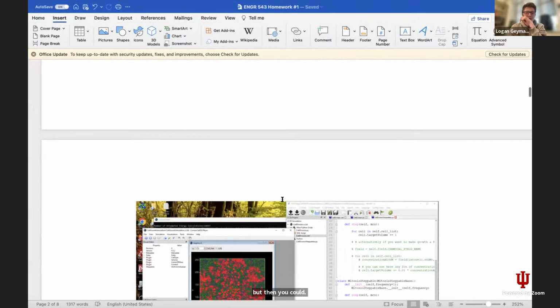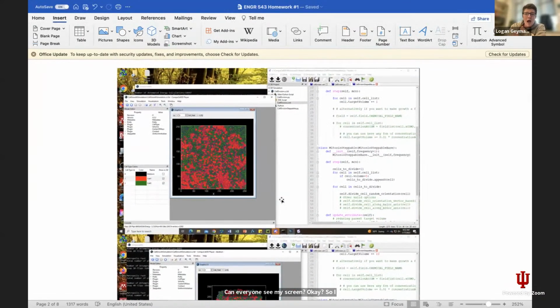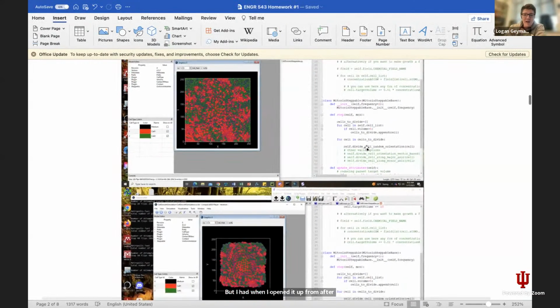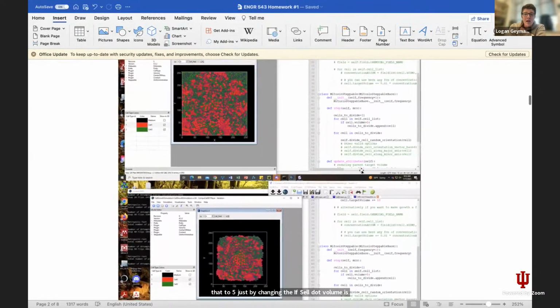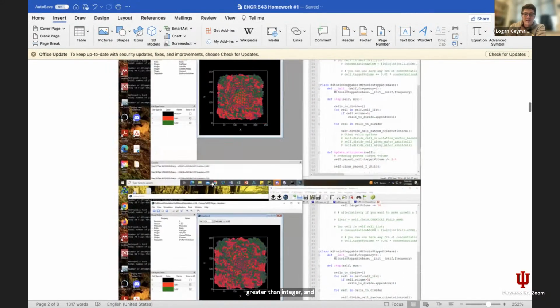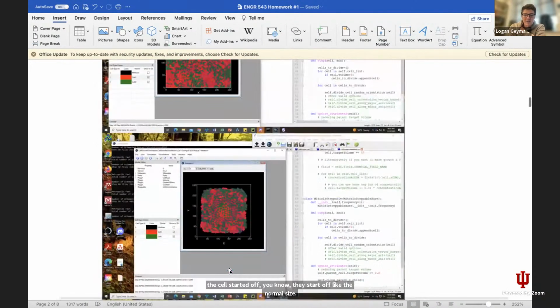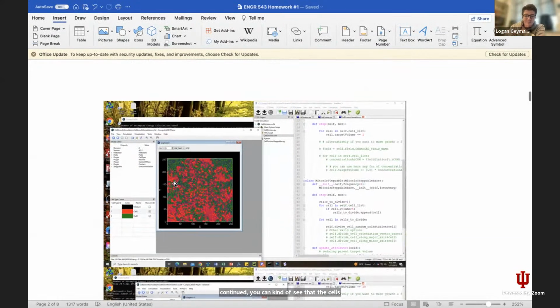Mhm. Okay. So I started off with changing the cell division parameter. I played with this a lot during class, so I have no clue if I changed it back to the default volume or not. But when I opened it up after class, my cell division volume was set to 25, and I decreased that to 5, just by changing the if cell.volume is greater than integer. And what I noticed was that when the cells started off, they started off at the normal size, but as they started to divide and the simulation continued, you can see that the cells were smaller than before.